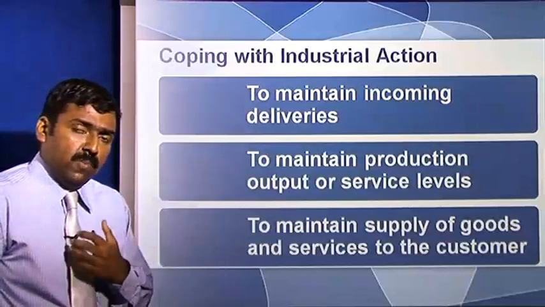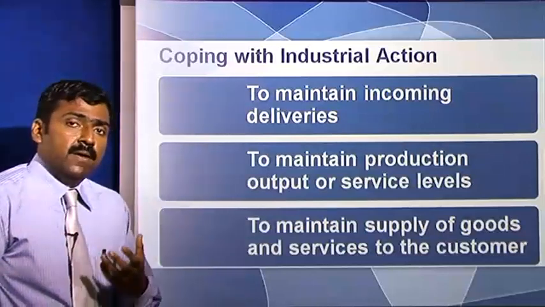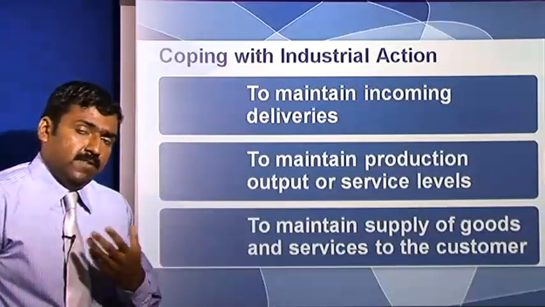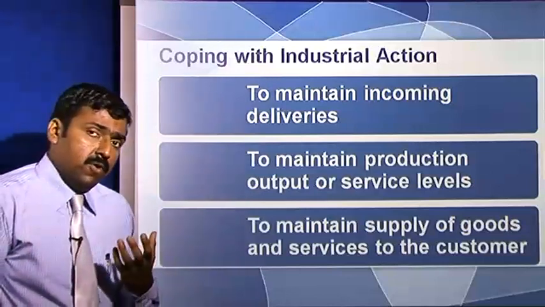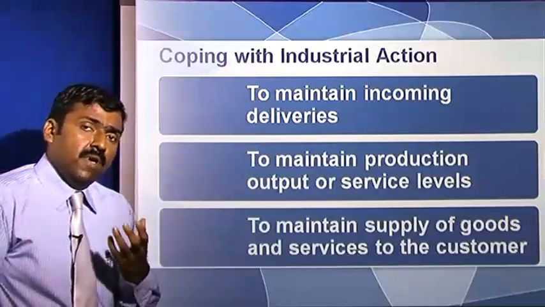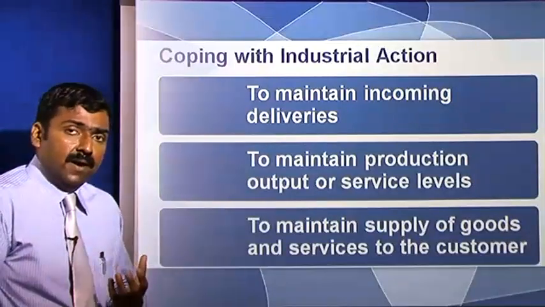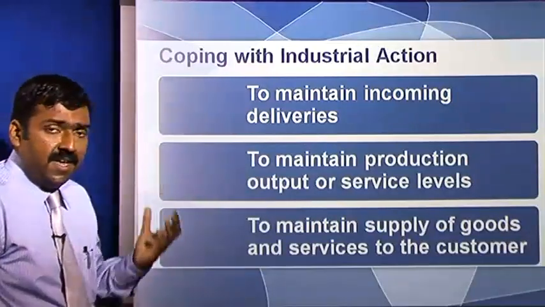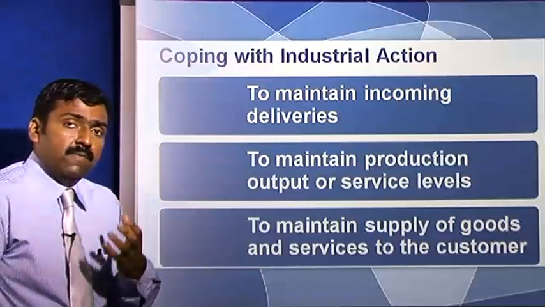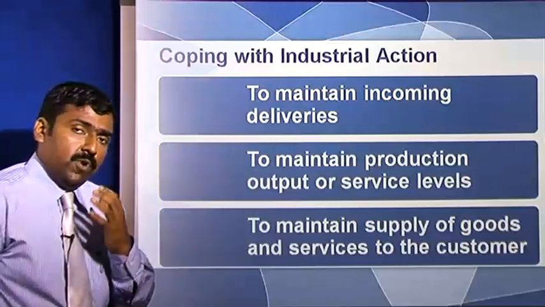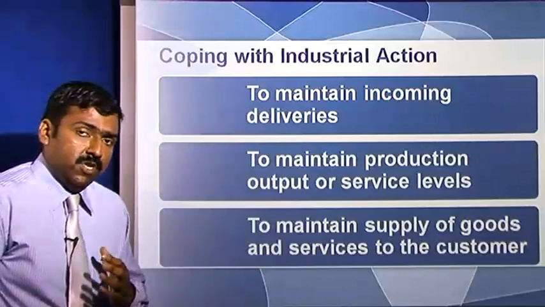Your customer should not be hit just because you have an internal problem, there is a dispute which can cripple your operations. So you need to have effective strategies to handle industrial action, and these are the three areas wherein you have to identify and put in strategies to avoid any potential problems.